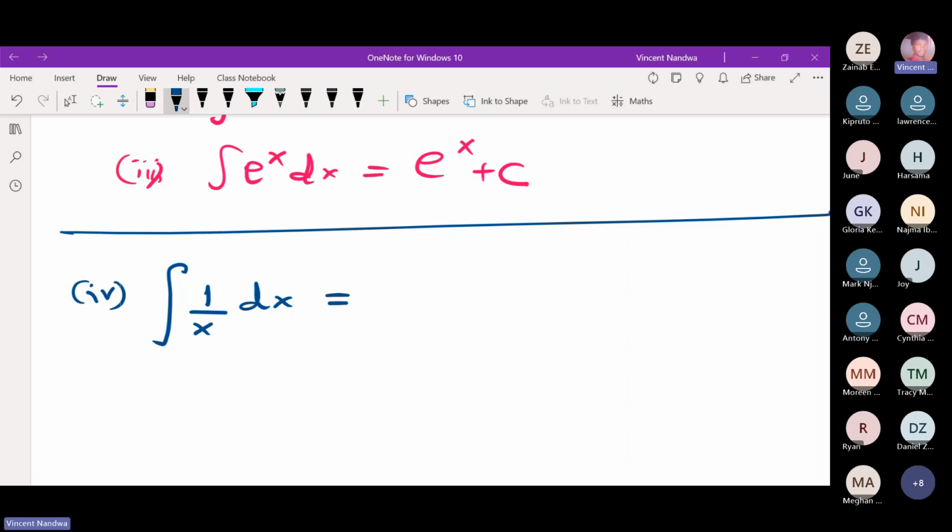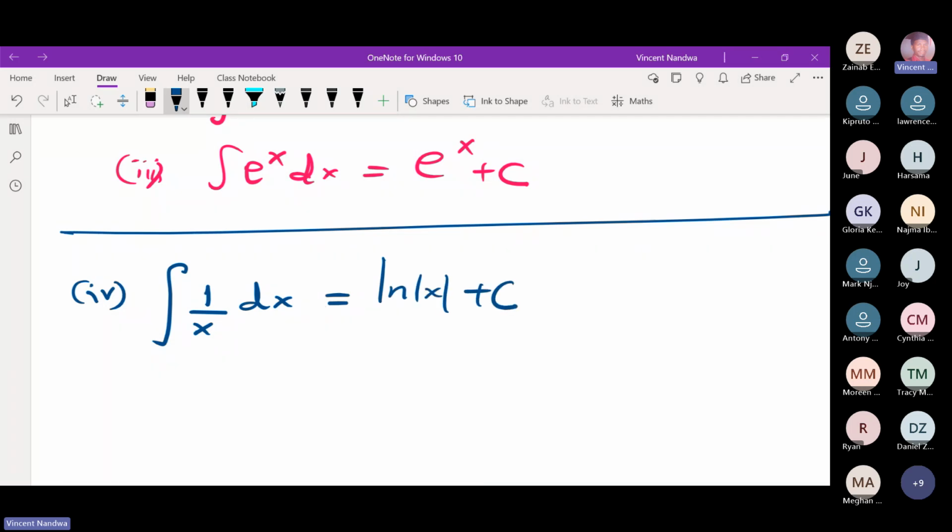If you recall what you were doing on differentiation, which function gave us a derivative of 1 over x? ln x. So the answer here will be ln of x plus c.